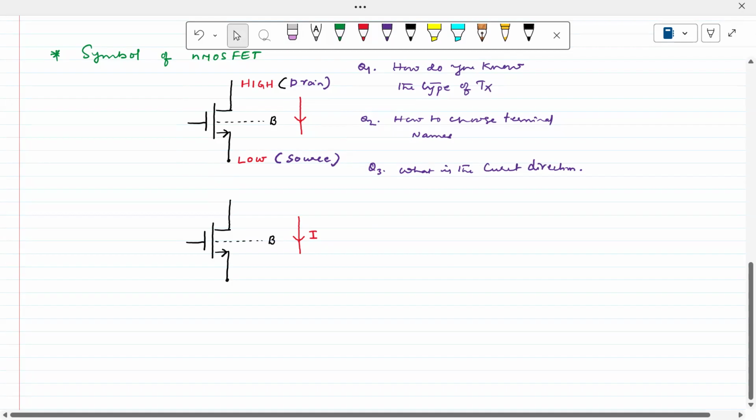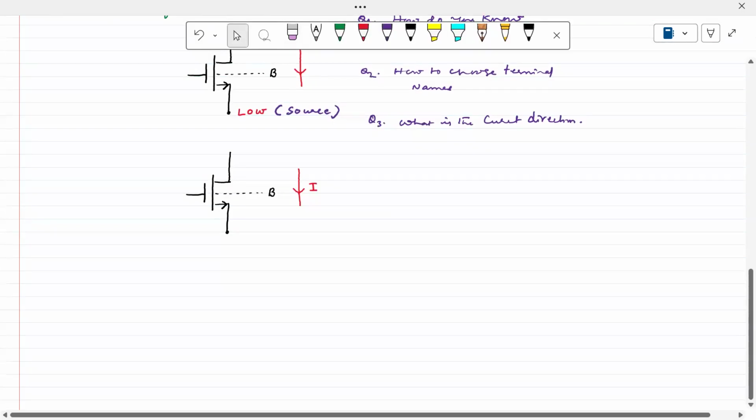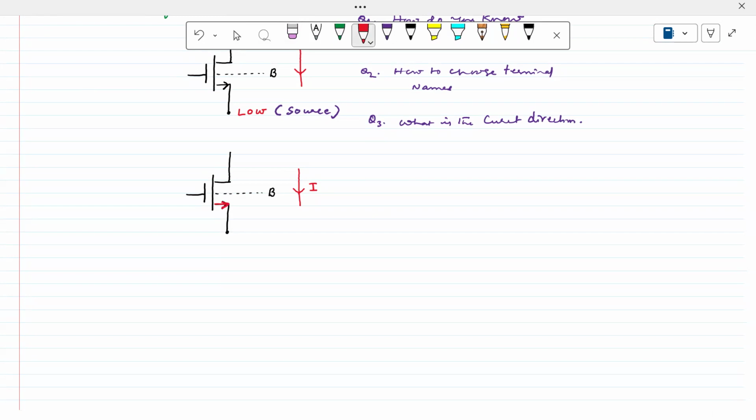Based on this arrow mark, we can say this is an NMOS transistor. And based on the current direction, the current always flows from high potential to low potential. That is why this is at the high potential and this is at the low potential.